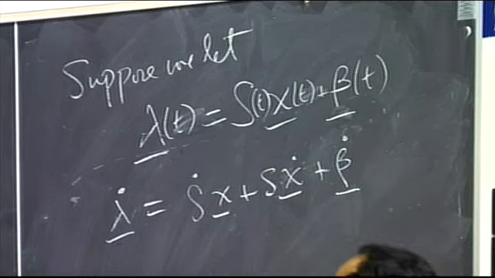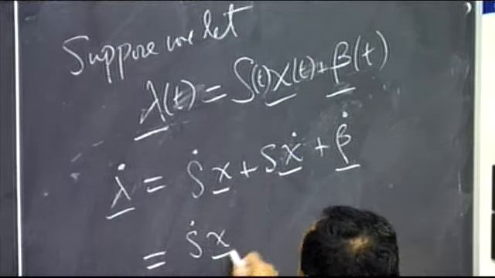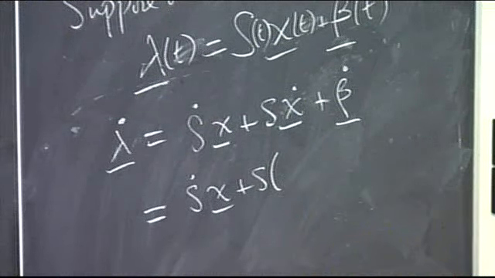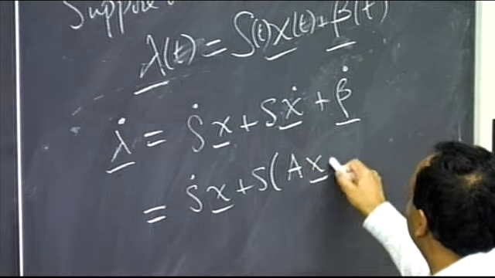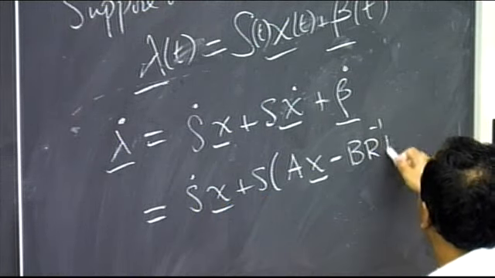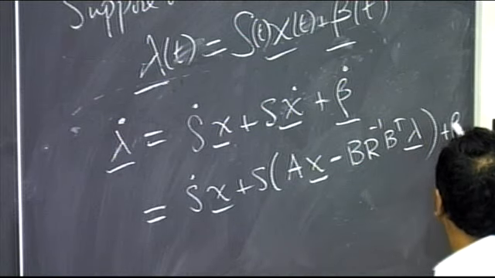What's x dot equal to? It's equal to Ax minus B R inverse B transpose times lambda, right? And then I've got plus beta dot.